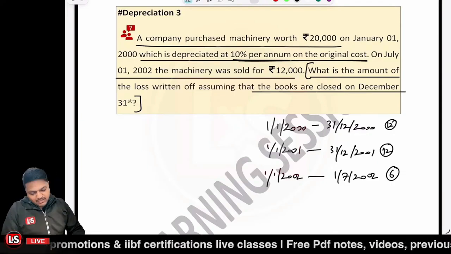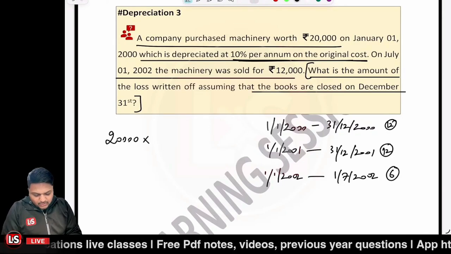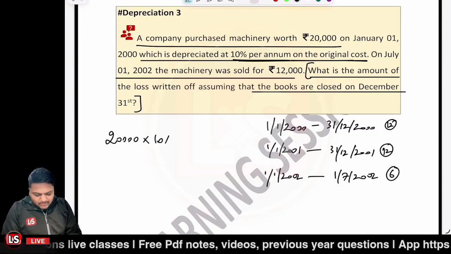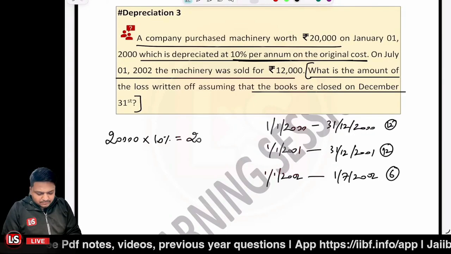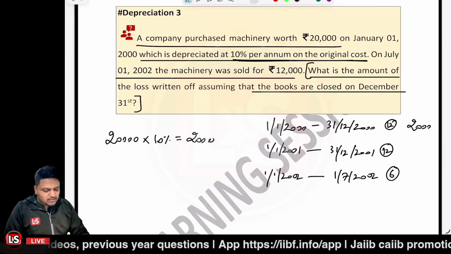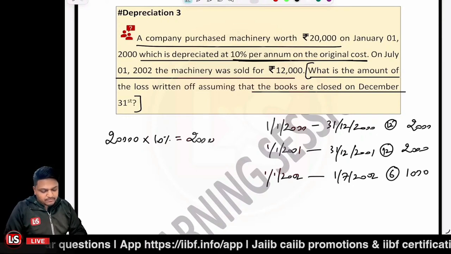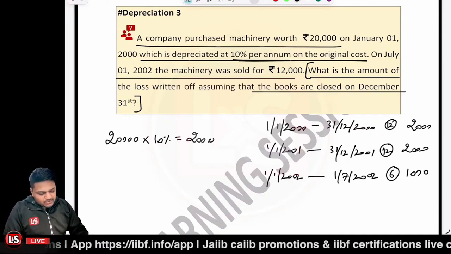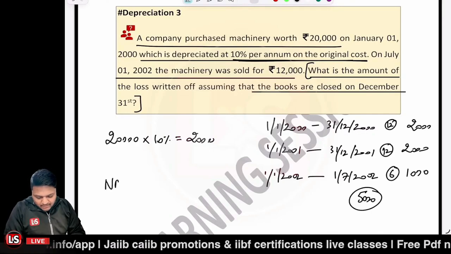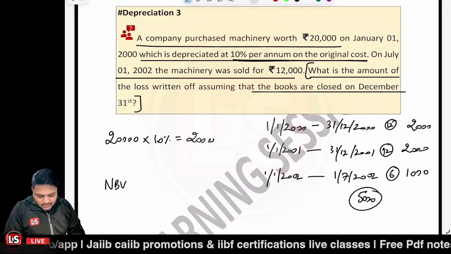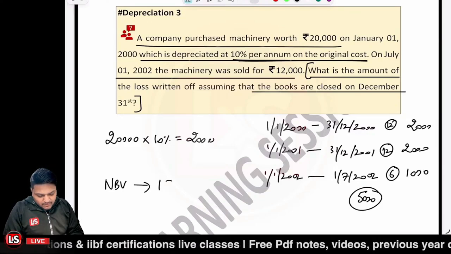So the depreciation for the first year is 20,000 into 10%. It will be the same for all the years because it is charged on the original cost. So it is 2,000 for the first year, 2,000 for the second year, and 1,000 for the half year. So the total depreciation charged is 5,000 rupees. So the NBV at the point of sale would be 20,000 minus 5,000, that is 15,000 rupees.